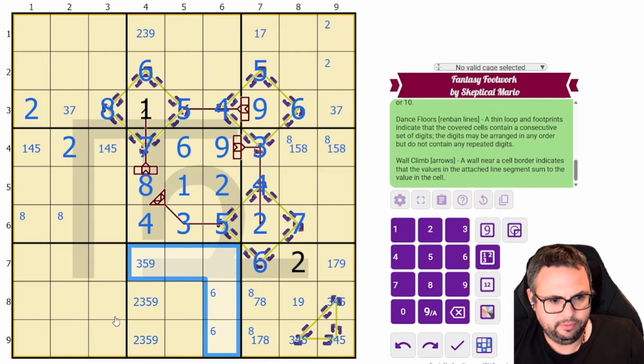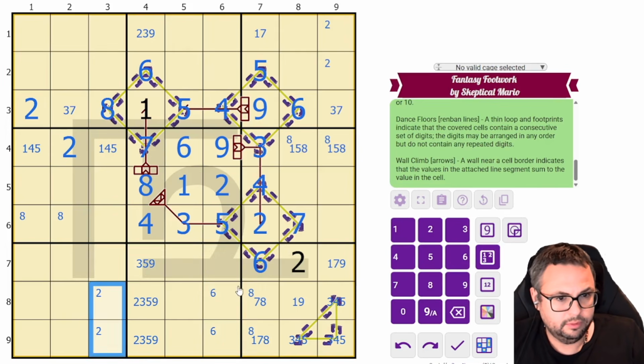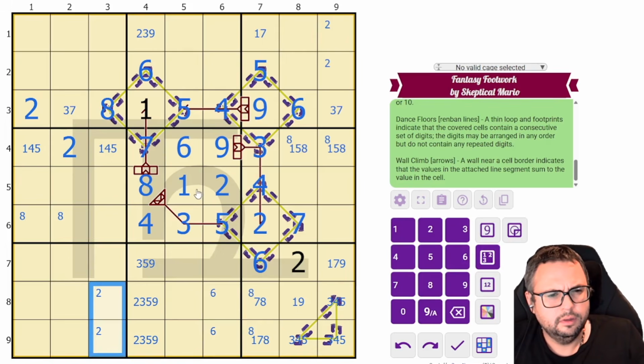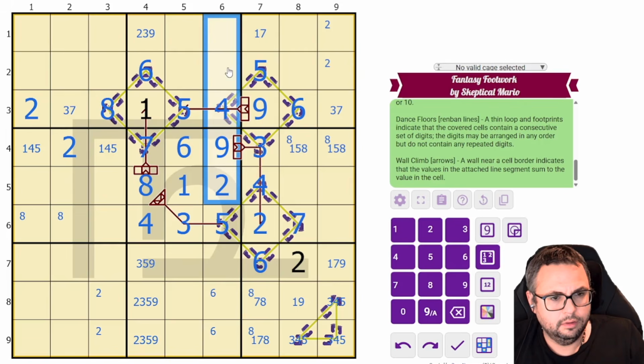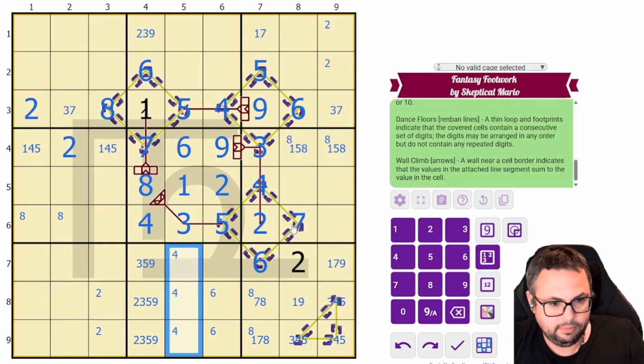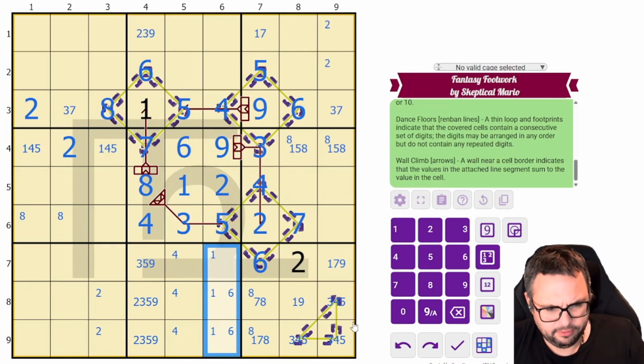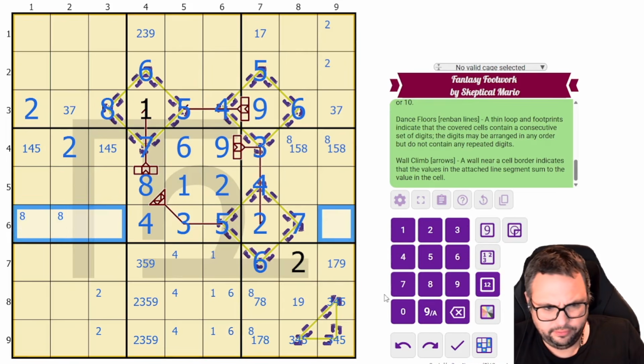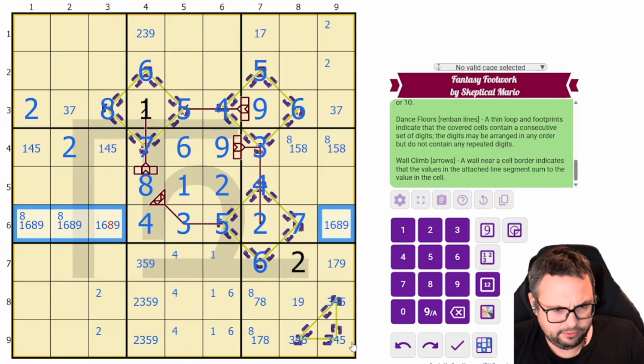Doesn't seem so interesting. I know one of these two's a 2. There's a 4 down here somewhere. So 1 down here somewhere. Okay, this is 1, 2, 3, 4, 5, 6, 7, 8, 9 is what's left.